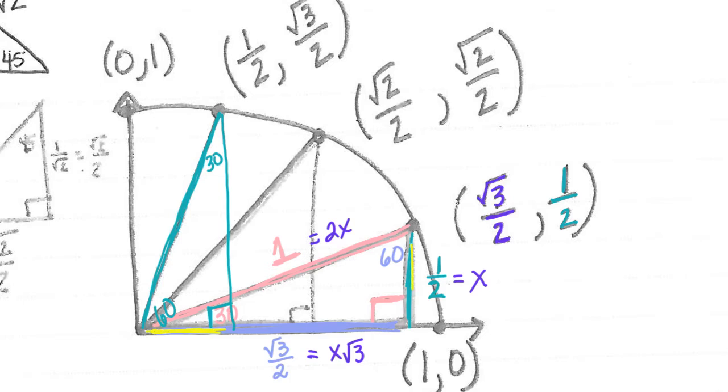So before it was over here, now it's over here, so the 1/2 is now the x. And the 1 is here, so the root 3 over 2 will be my y. So those are the 30, 60, 90s. So this is root 3 over 2.